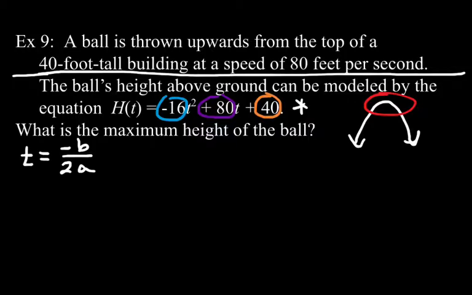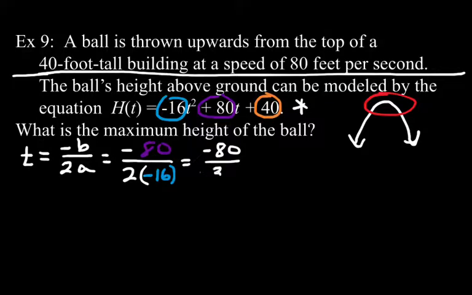So the opposite of b, opposite of 80, over 2 times a, and we know that a is negative 16. And that will be negative 80 over negative 32.